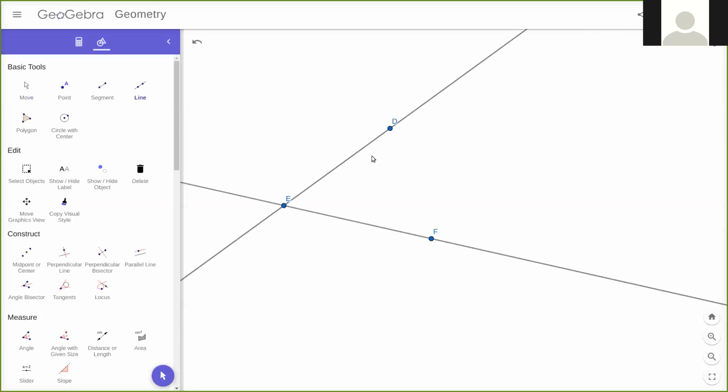So DEF, this angle. Then how is the angle DEF related to lengths? Like D, you can move it anywhere along the line. F, you can move it anywhere along the line. So we don't want to relate it to any one particular length. We want to relate it to a ratio, something that's fixed by the angle itself.